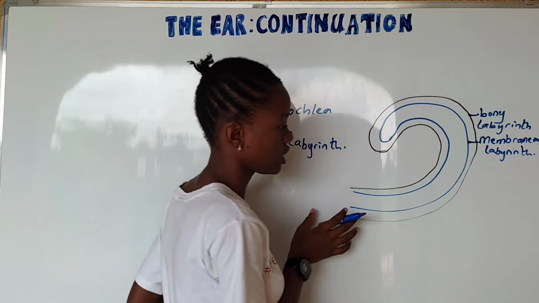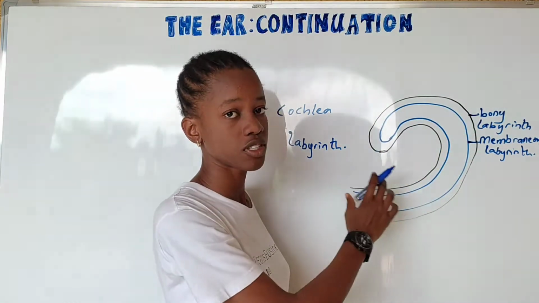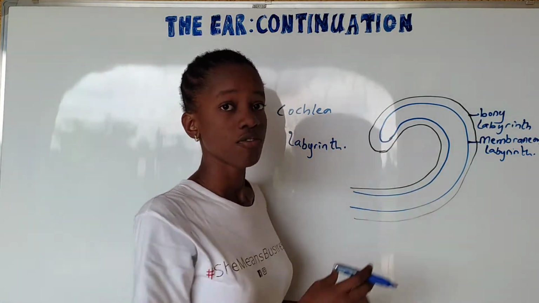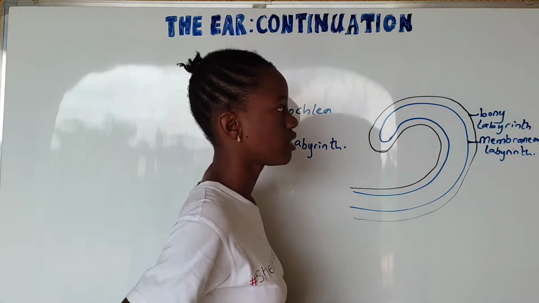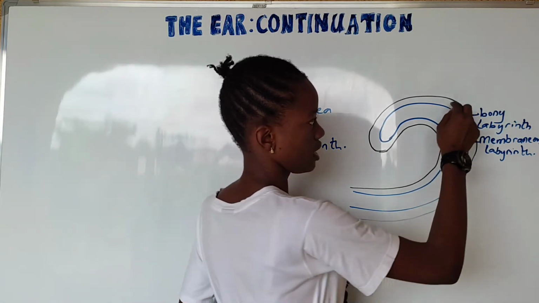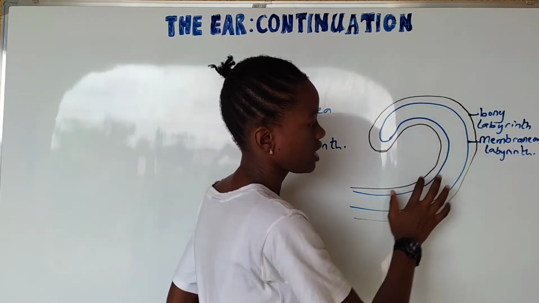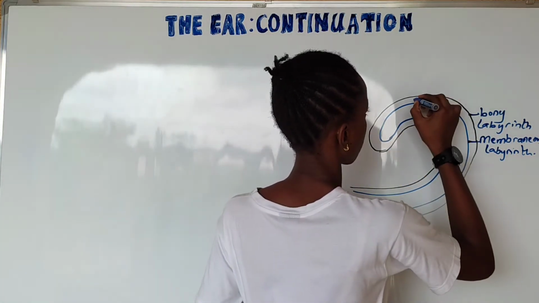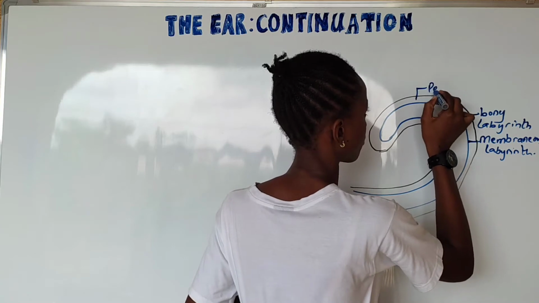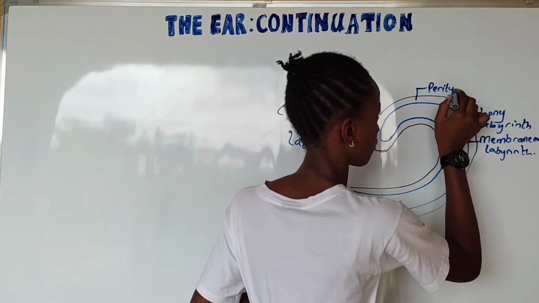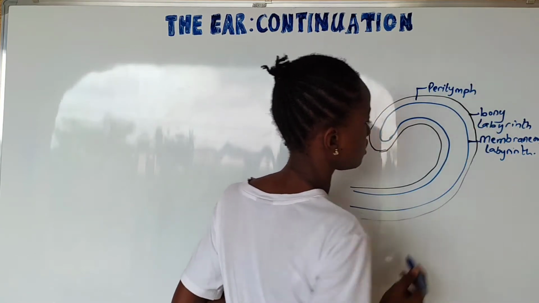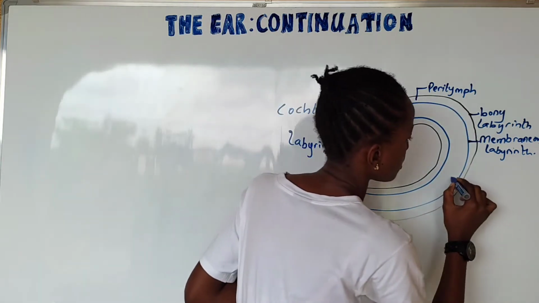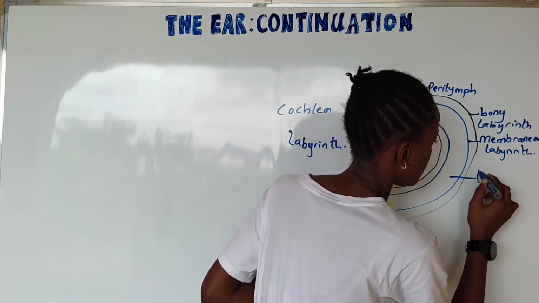So this is the cochlea. As I said before, it is much more curved, but this is for simplification purposes. Inside the bony labyrinth, we have a liquid called the perilymph, while inside the membranous labyrinth, we have a liquid called the endolymph.